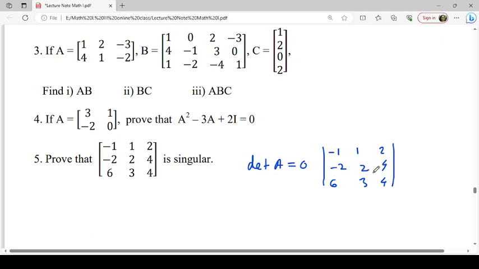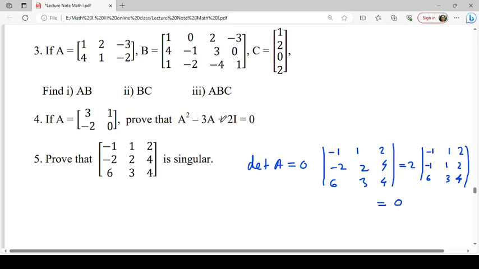You can apply a property here. Take 2 common from the second row. Now you have -1, 1, 2, -1, 1, 2, 6, 3, 4. Two rows are identical, so the value is 0. So this is a singular matrix.